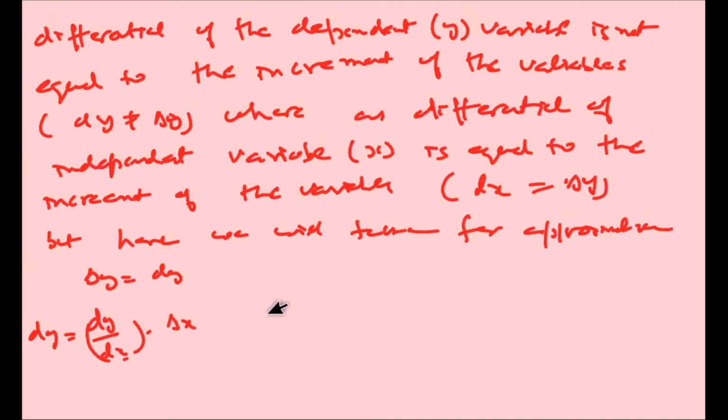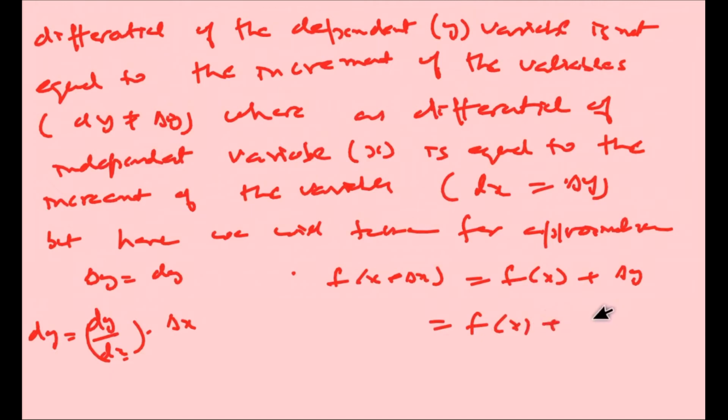So now f(x plus delta x) equals f(x) plus delta y, and what is the change in y? That is dy by dx into delta x. Here delta x is the change in the variable.